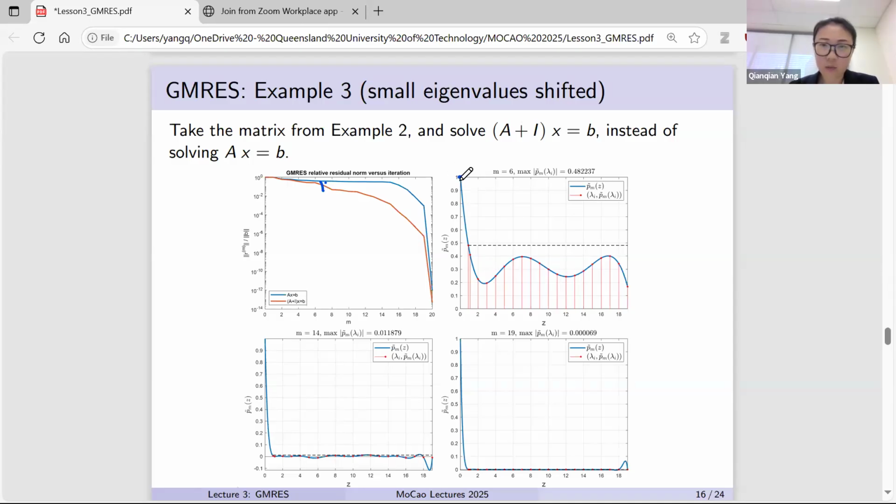That makes my polynomial able to do an easier job, just comfortably rolling down and trying to keep the other polynomial values also small. That's why we can see a faster convergence over here compared to the original problem.